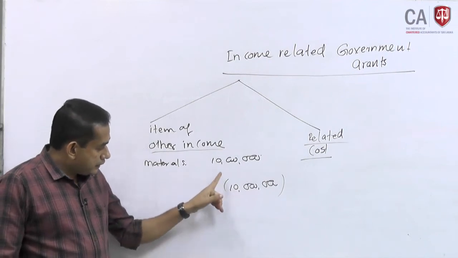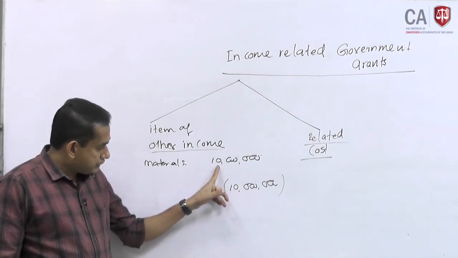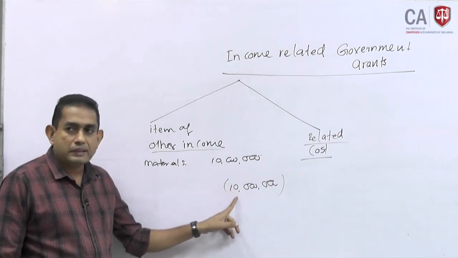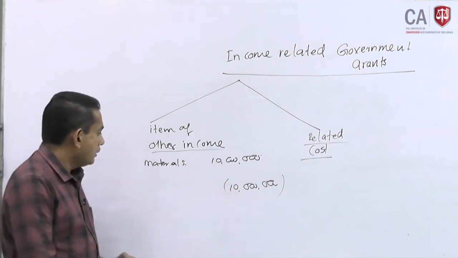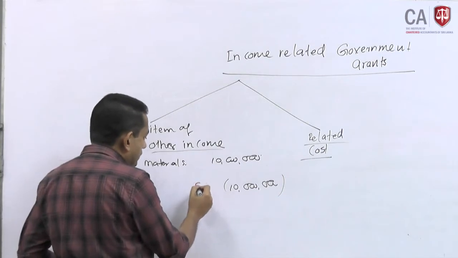If this related cost of 10 million was negated against the subsidy, the material cost will be shown as 0.